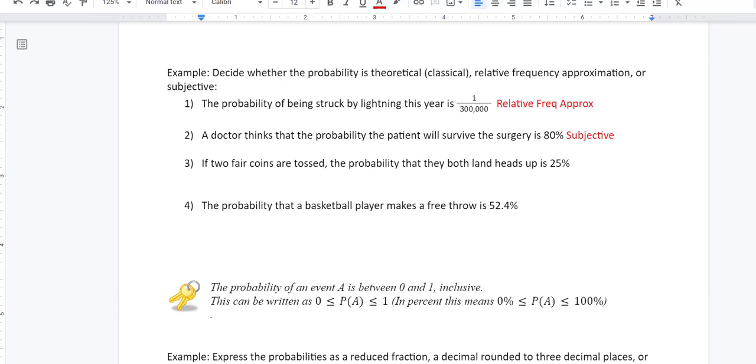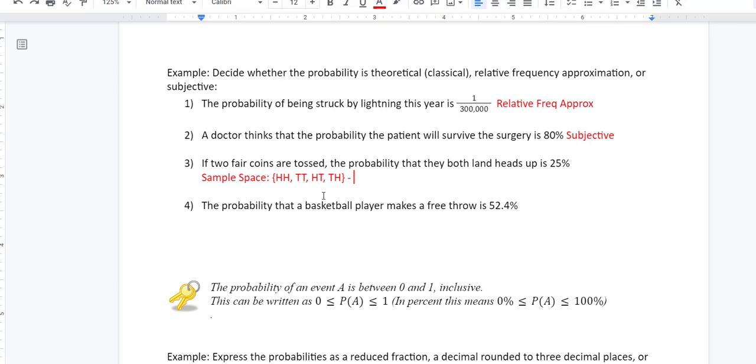So let's try that. So what will the sample space be if you toss 2 fair coins? So you could get both heads, both tails. You could get heads and tails, and you can get tails and heads. Is that all you could possibly get? Yeah. So the probability they both land heads up would be one. There's only one way of getting that out of four in the sample space.